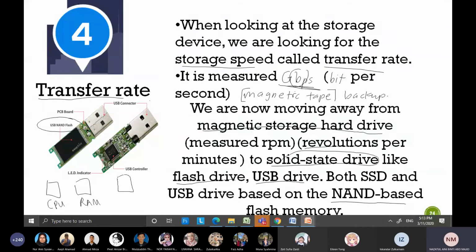Every time you double click any icon that you want to execute, or for example games, they need to be copied first from the secondary storage to RAM. So if your secondary storage is an SSD, it will be much faster than the old technology. Okay, that is for the transfer rate.